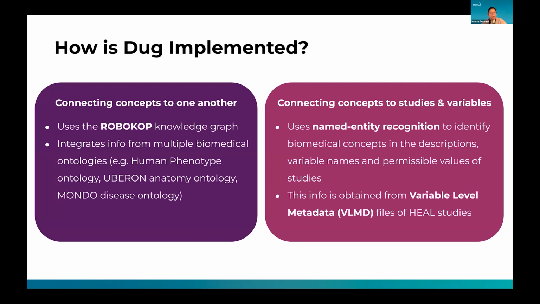It integrates information from multiple biomedical ontologies, such as the Human Phenotype Ontology, Uberon anatomy ontology, and Mondo disease ontology. So it uses well-established sources of knowledge, which are these ontologies, and it uses the Robocop knowledge graph to know what the synonyms are for certain biomedical concepts, how concepts are related to each other, and so on.